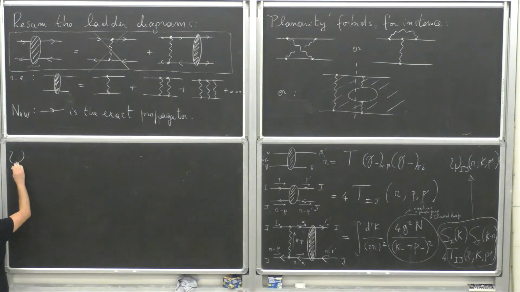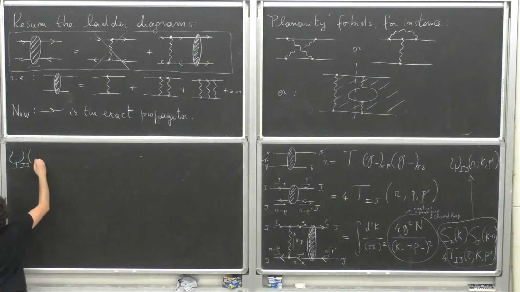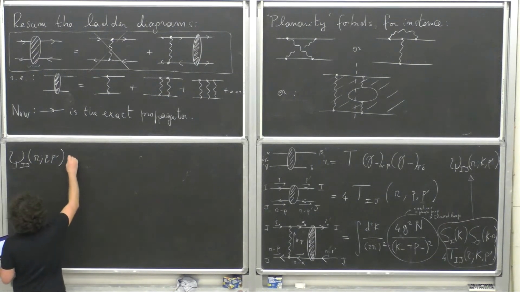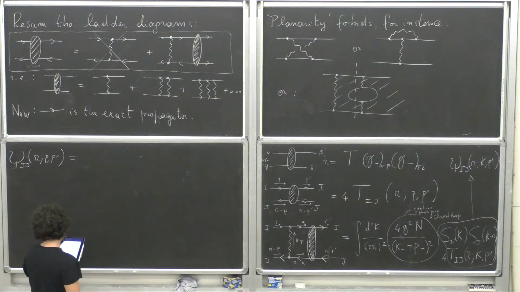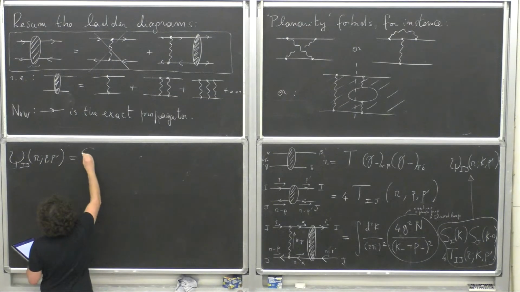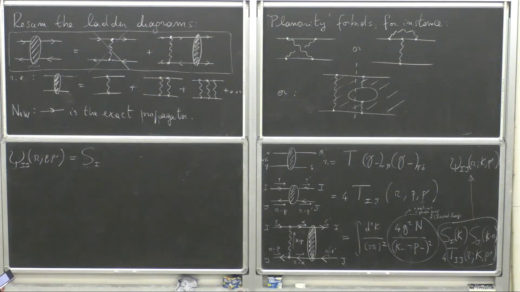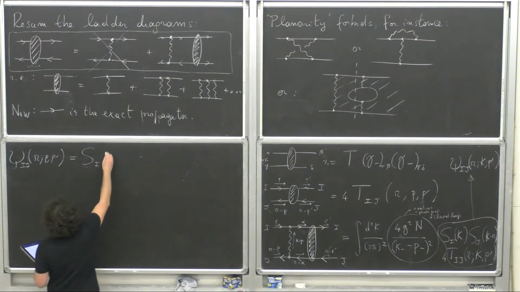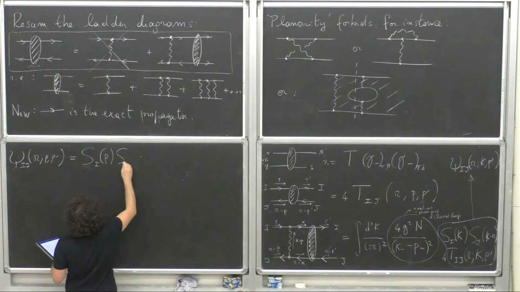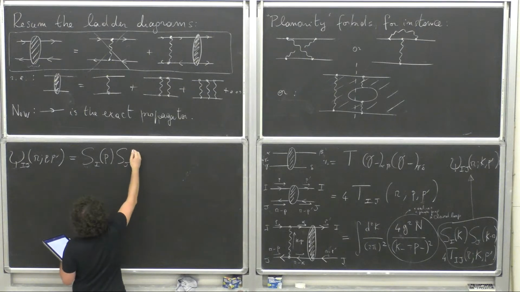Psi ij of r, p, and p prime. So for now, we still keep around the three-level exchange, which is the inhomogeneous piece in our equation, right? The inhomogeneous piece in our equation is the three-level exchange, and now the equation is like this.